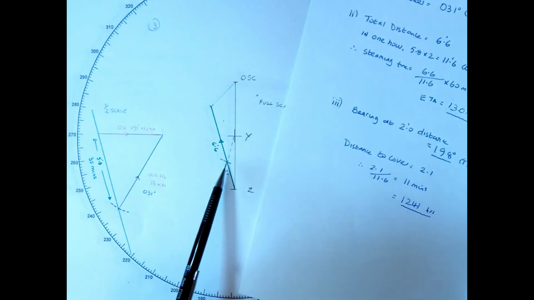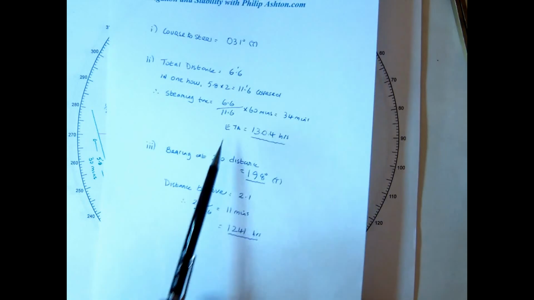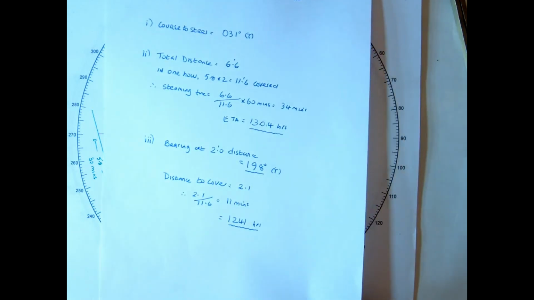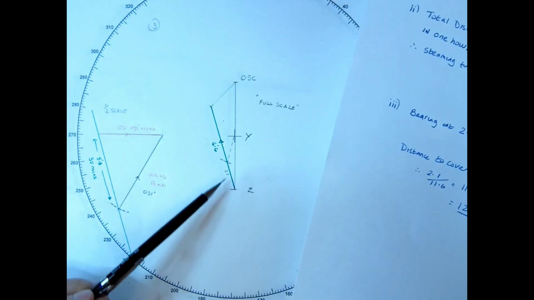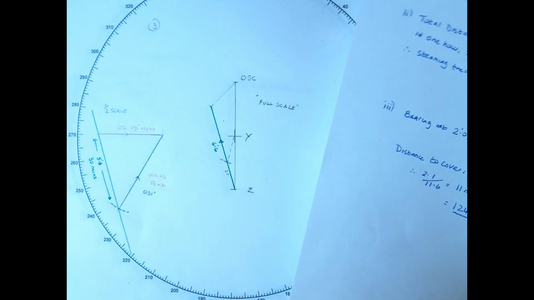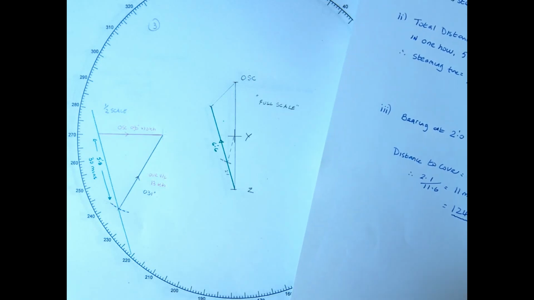And the distance to cover is from there to there is 2.1 miles. We know we'd cover 11.6 in 1 hour, so it'll just take us 11 minutes. So we'll get there at 12:41. And that makes sense. That's 12:30 there, 12:41, 13:04. So in proportion it all looks like that would be a reasonable answer.